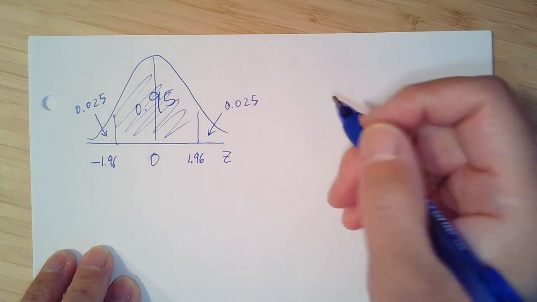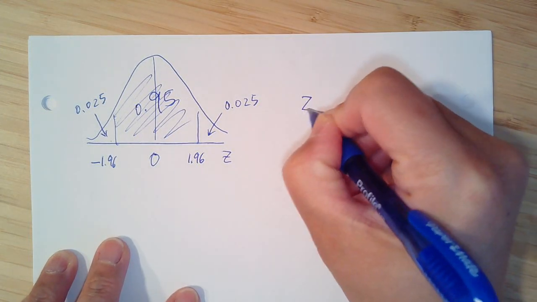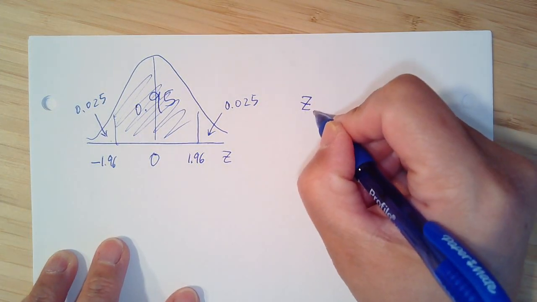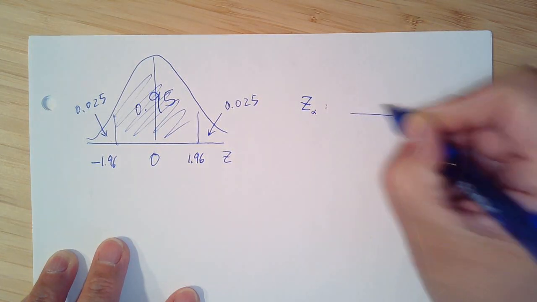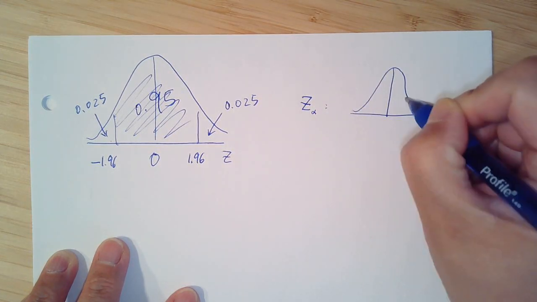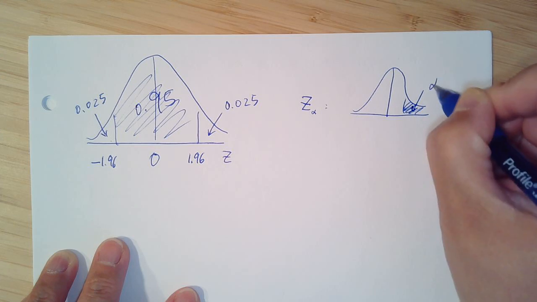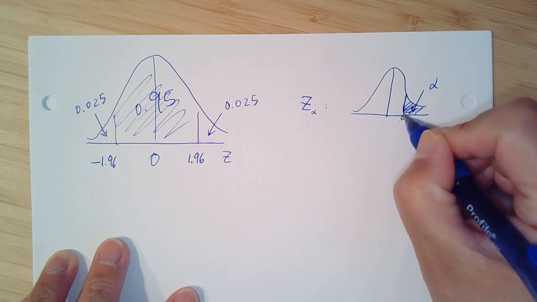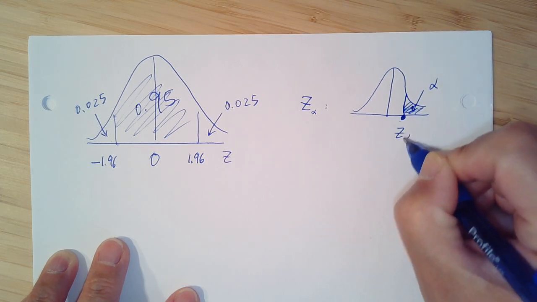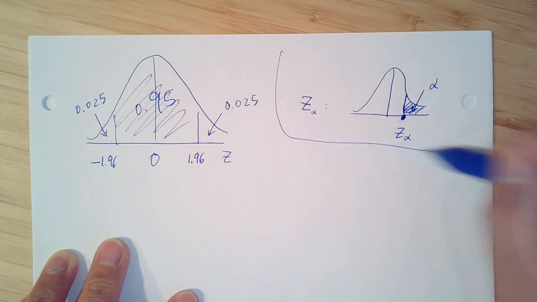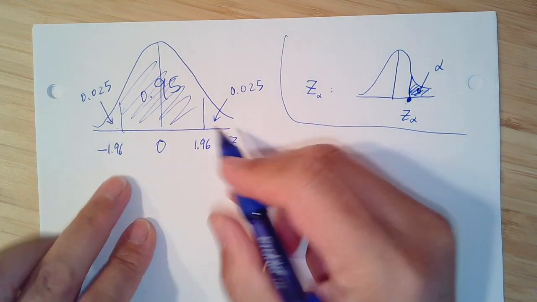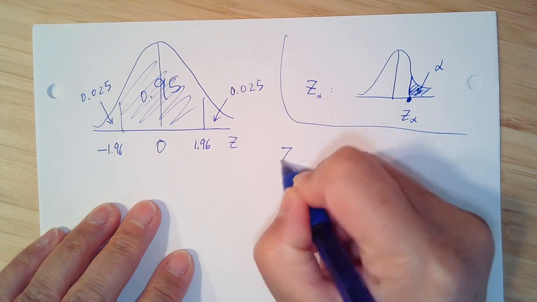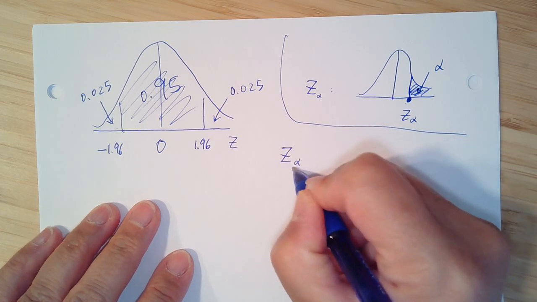Okay, there's a little way to write that. I don't know if you remember this, z with a little alpha, that's the z-score with the right tail area alpha. This number is called z alpha, right? That's what we learned before. Now what I'm looking for, for a 95% confidence interval, is z alpha over 2.